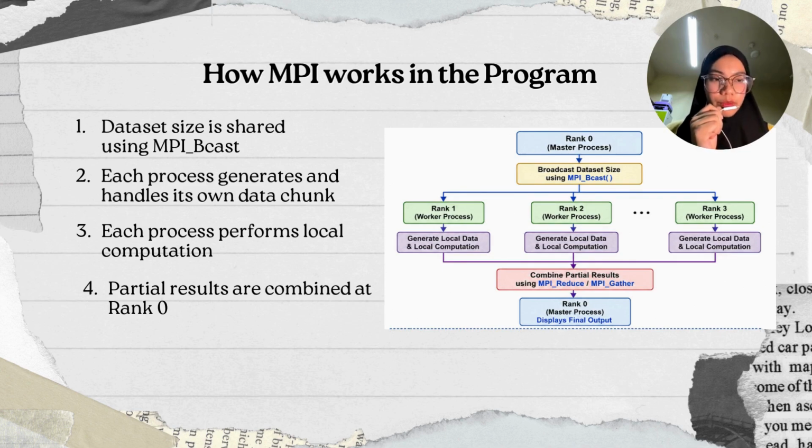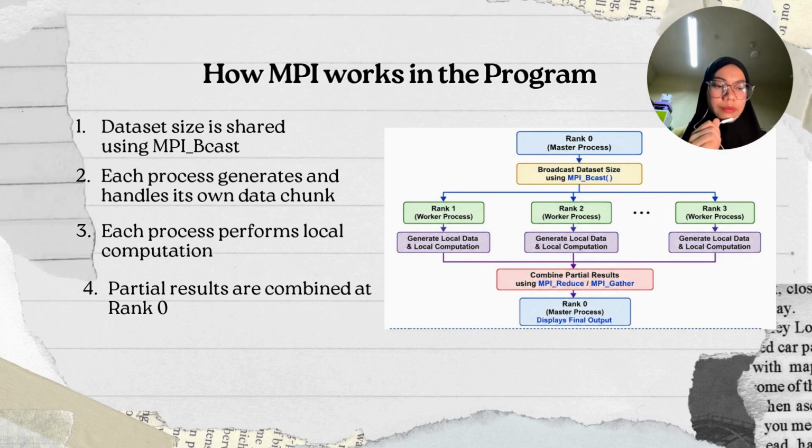After that, each process generates and processes its own local data. Once the computation is complete, the partial results from all processes are combined using MPI functions such as MPI_Reduce and MPI_Gather. This method allows the workload to be divided among multiple processes.